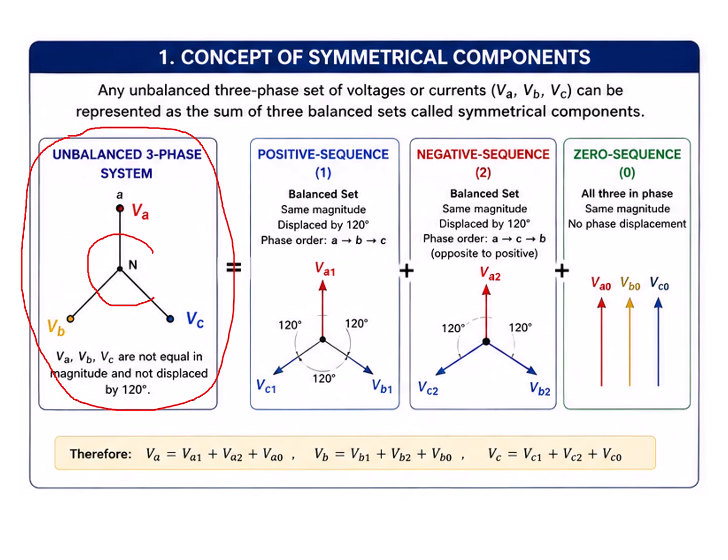When we convert that into symmetrical components, we have three types of sequence. The positive sequence has the same phase sequence as the original signal, with the same magnitude and a 120-degree phase difference.